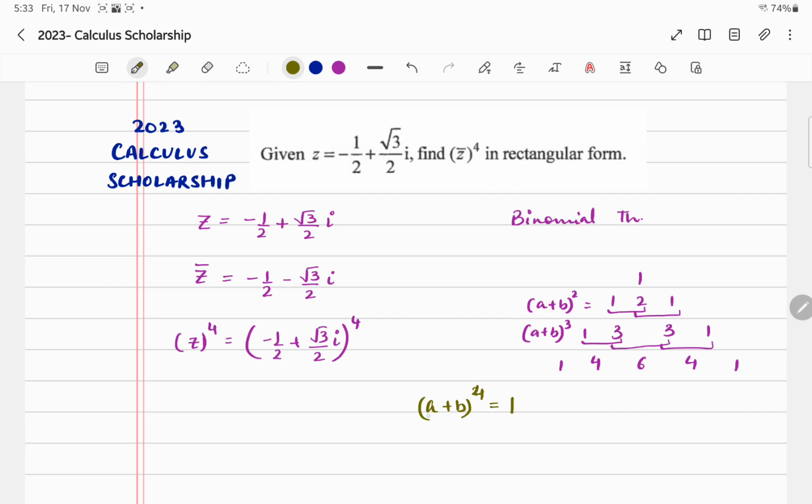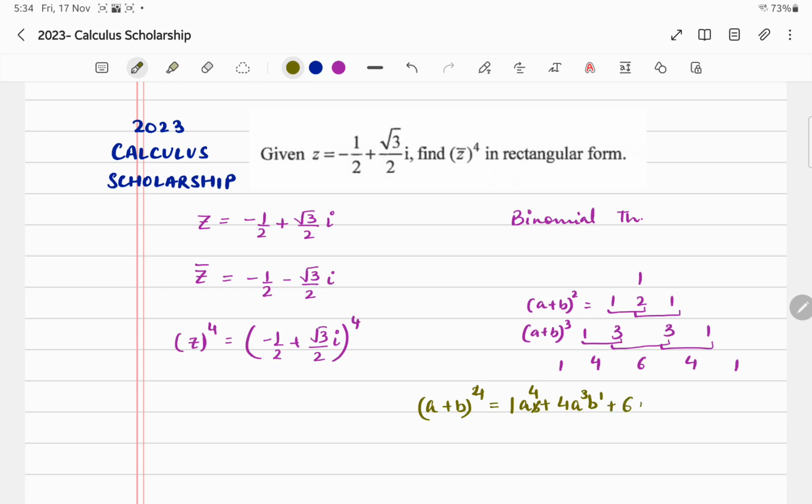So it's 1, and the highest power of the first term, which is power 4, plus 4. Now the power of a is going to decrease and the power of b is going to increase. So a to the power of 3 and b to the power of 1. In the first one it was b to the power of 0, which is 1, so that's why it's not written there.